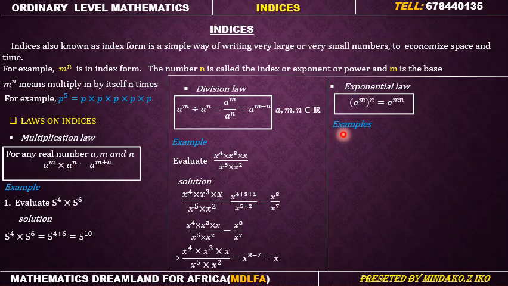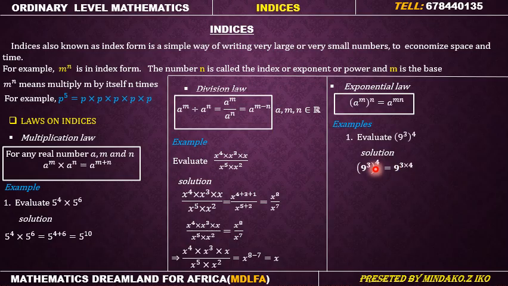All right, let's look at an example under this. Evaluate 9 cubed, all raised to the power 4. Solution: 9 cubed to the power 4 is simply equal to 9 raised to the power 3 times 4.